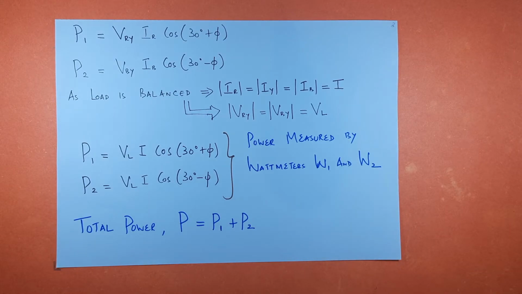So if you use these two conventions, you have P1 equal to VL I cos of (30 degrees plus phi), P2 equal to VL I cos of (30 degrees minus phi). So P1, P2 are the powers measured by wattmeters W1 and W2. So total power is nothing but the sum of these two powers, P equal to P1 plus P2.